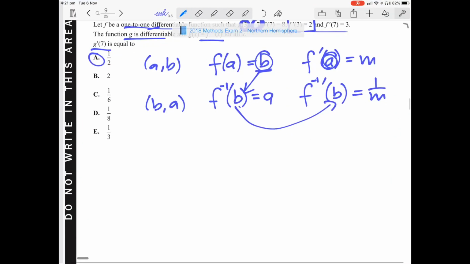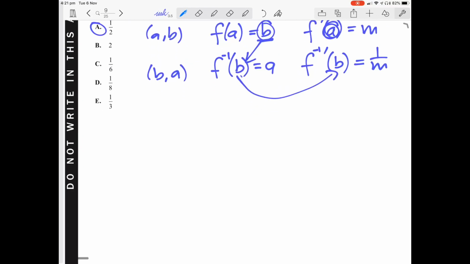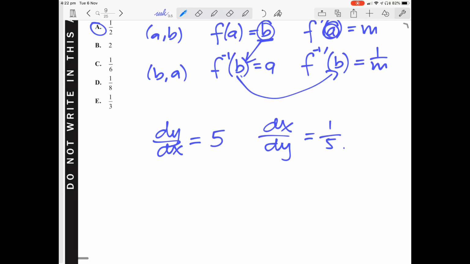For special kids, I guess it's kind of like if dy/dx is equal to 5, dx/dy is equal to 1/5, the reciprocal, because we're looking at the rate of change of x with respect to y as opposed to y with respect to x.